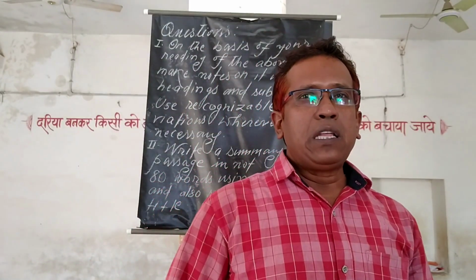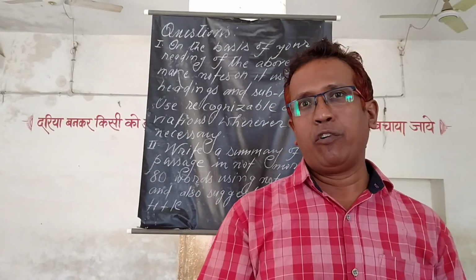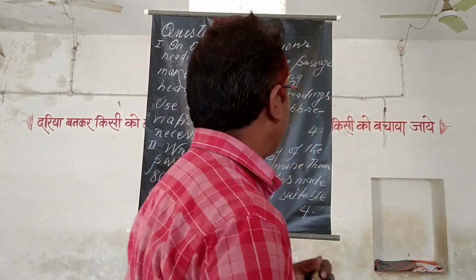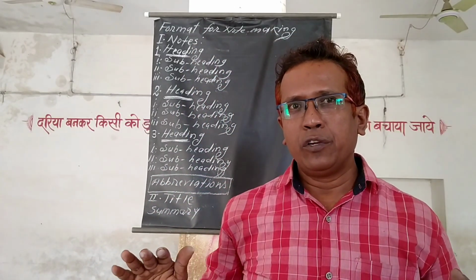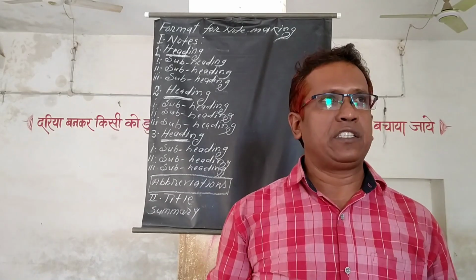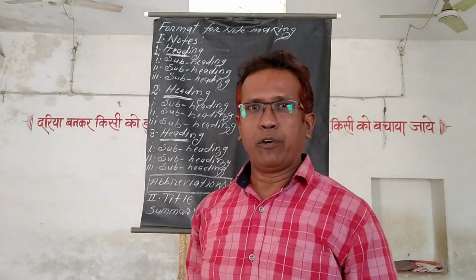Now, the next step is what we have to do. We have to follow an appropriate format for note making. What is that format? We are going to know that. Actually, whenever we are going to make a note, in that case, we must follow the format.